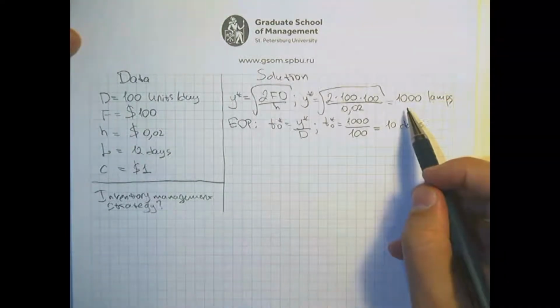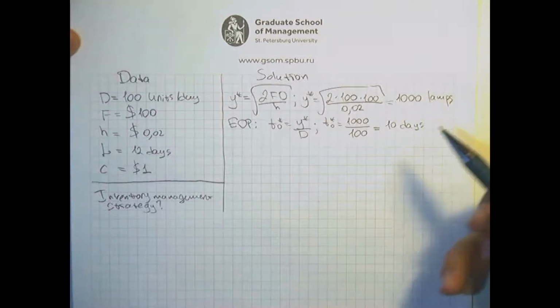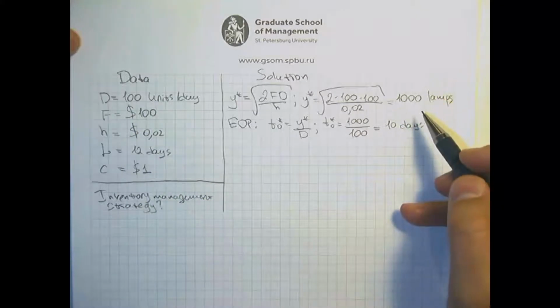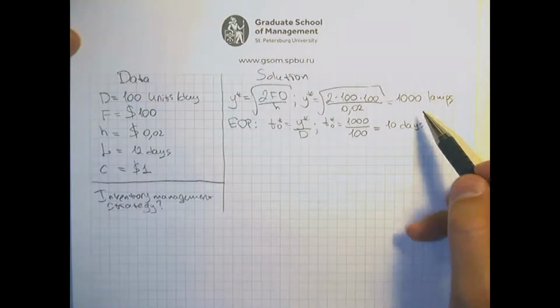Obviously, when we make an order of 1000 lamps and every day consume 100 lamps, we have 10 days to spend all of these 1000 lamps.